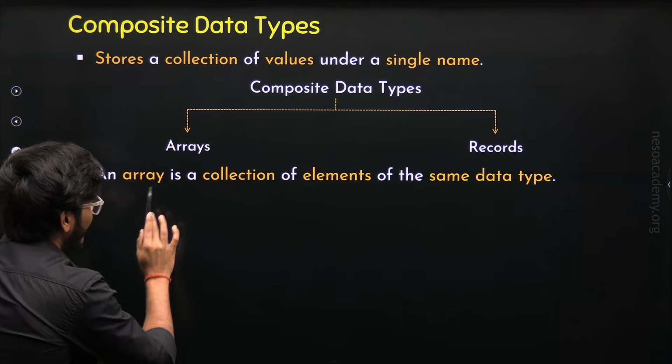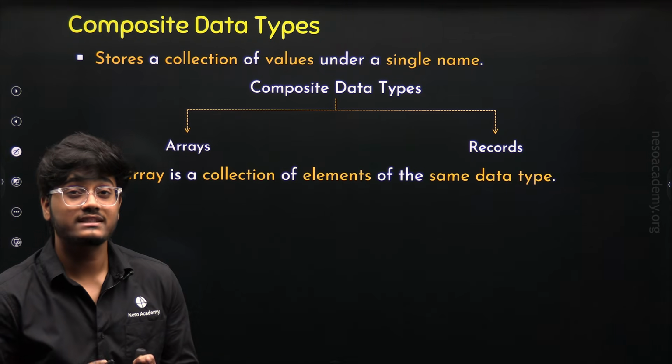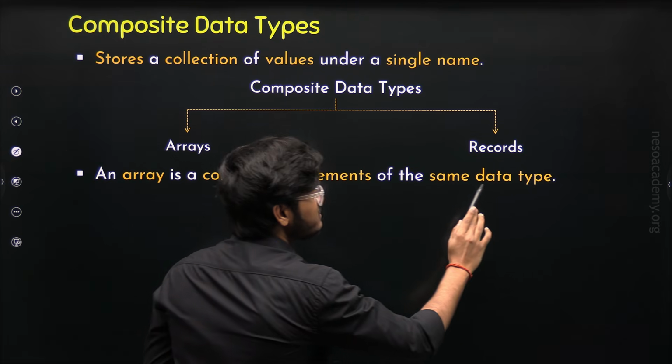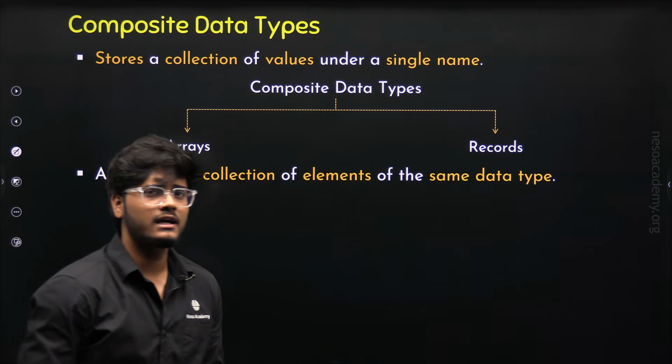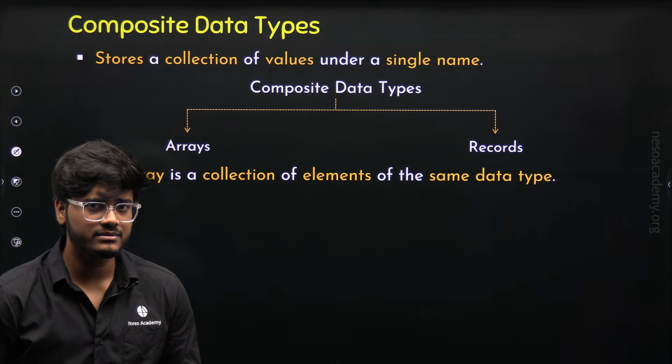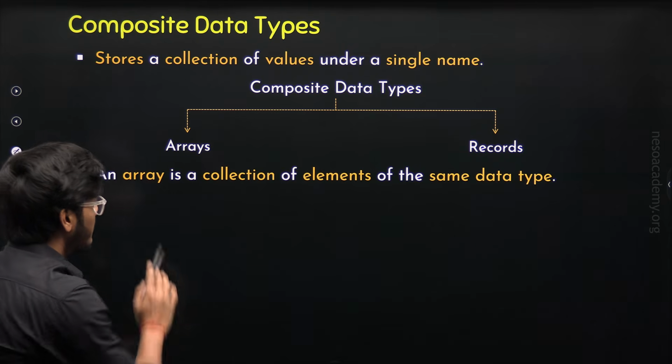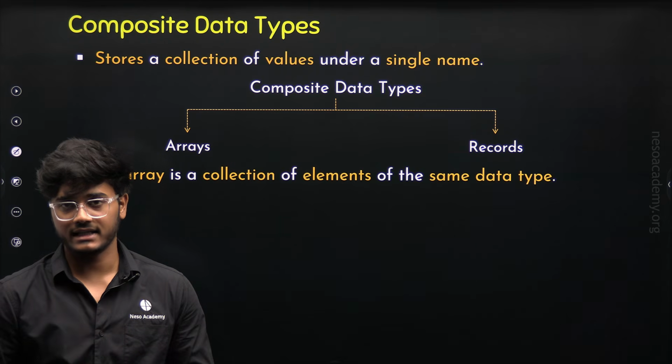Means an array stores collection of same data type. Now this is very important. Same data type. So, can array store different data types? No. All elements in an array must be of same data type.